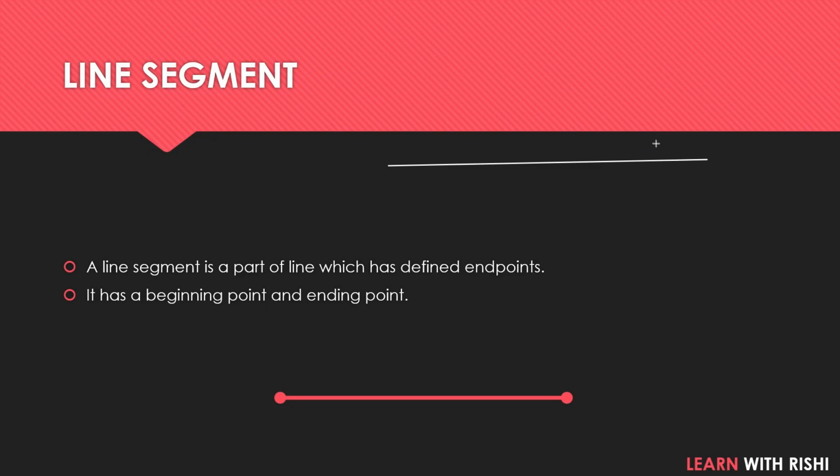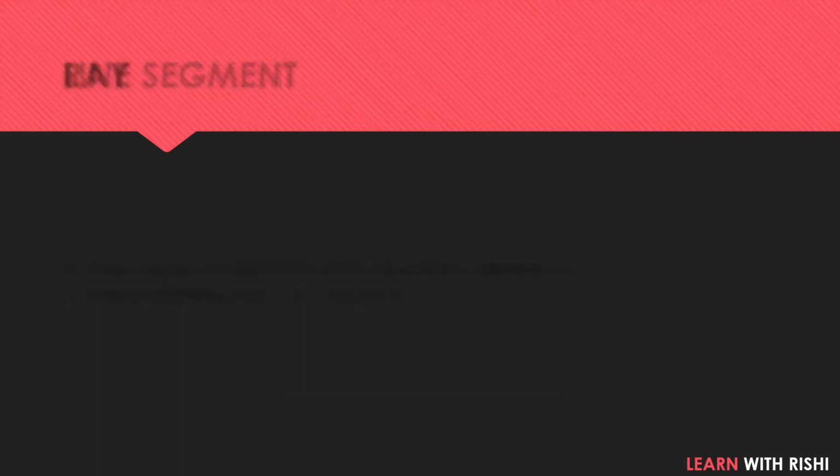On this line I am considering 2 points, so let this be my first point and this is my second point. This whole thing is my line, but the part of the line between these 2 points which I have considered is nothing but our line segment.